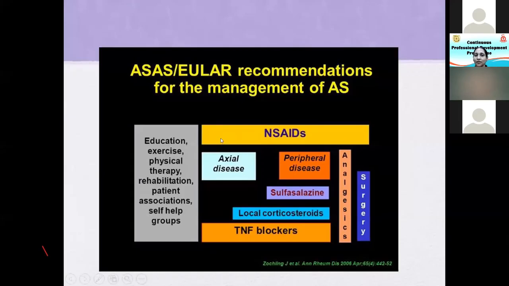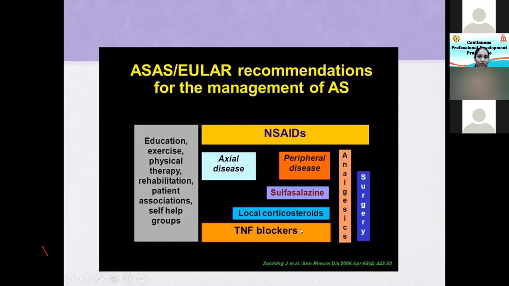For axial disease, if the non-steroidal anti-inflammatory drugs fail, two can be used in optimum dosage. If that fails, then we move on to TNF alpha inhibitors. If there is peripheral disease, then sulfasalazine and local corticosteroids can be used.